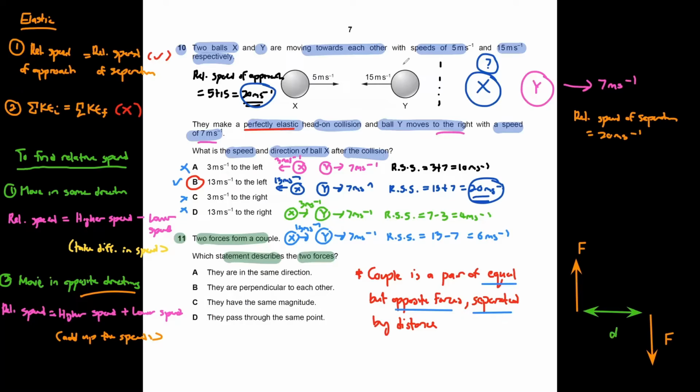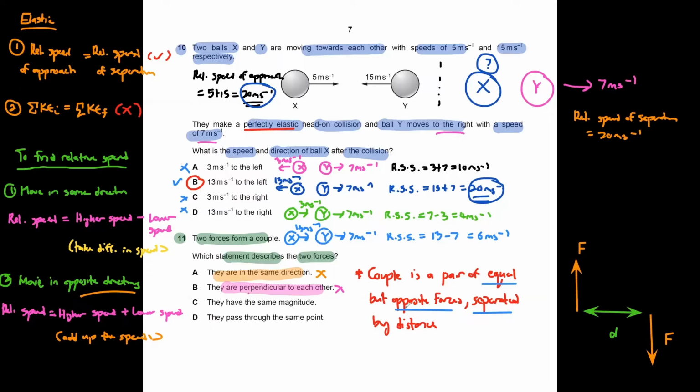Okay, so you look at the answer statements here. They are in the same direction. This one is obviously out. They must be in opposite directions. They are perpendicular to each other. This one is also out. They are supposed to be parallel to each other.